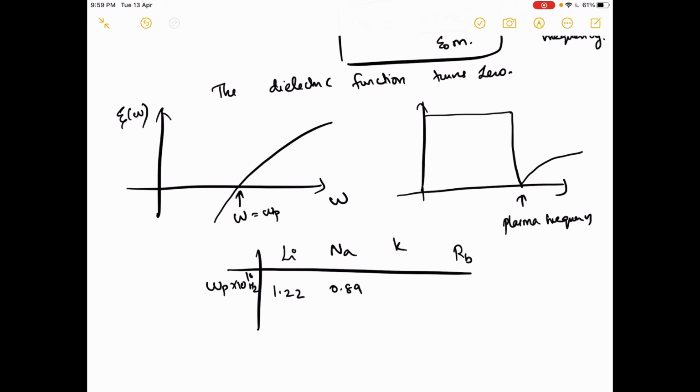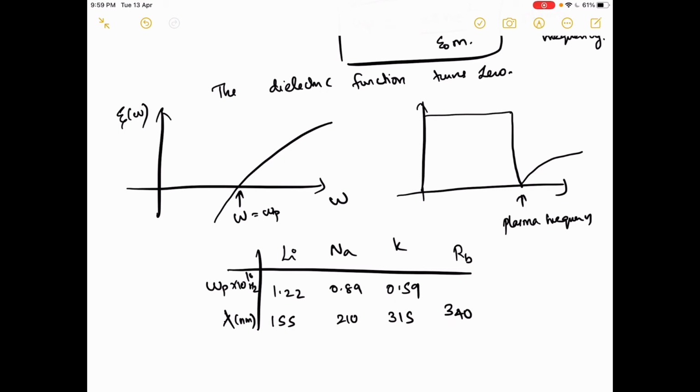For potassium it turns out to be 0.59, and the corresponding wavelength, let me write in meters, right? So nanometers, which is pretty well known: 155 nanometers for lithium, 210 nanometers for sodium, 350 nanometers for potassium, and 340 nanometers for rubidium.